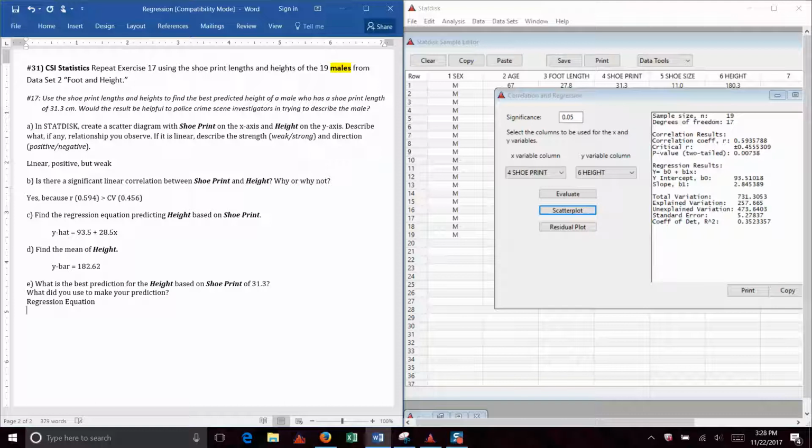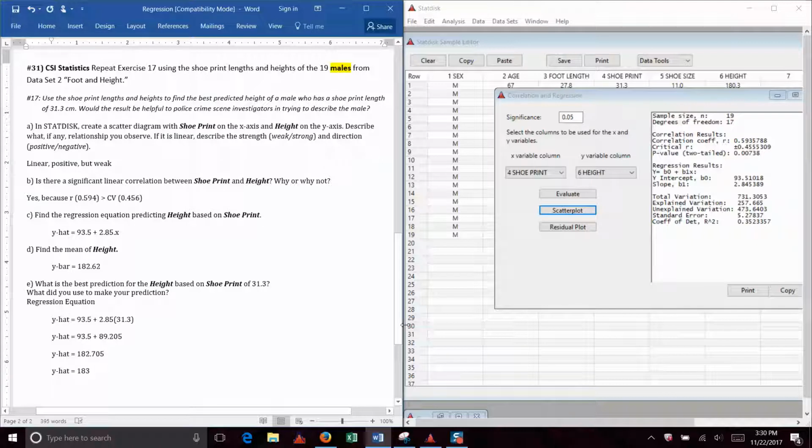So at this point, we're going to have a little bit of arithmetic to do as we take our regression equation here and replace the x with 31.3, and from this point forward it's a bit of arithmetic.